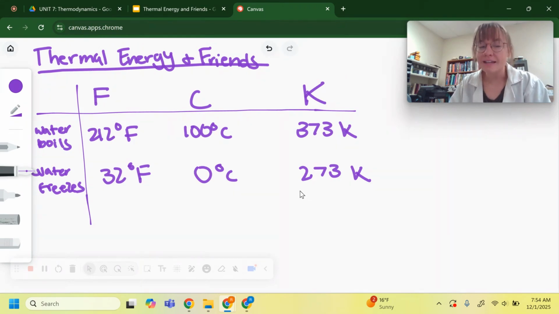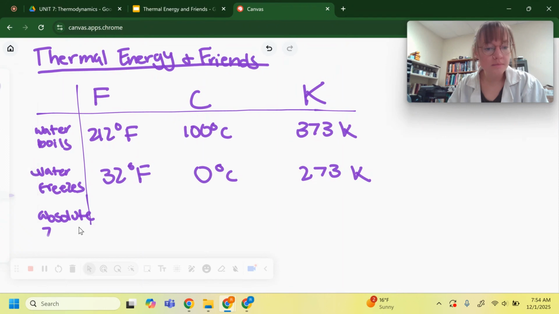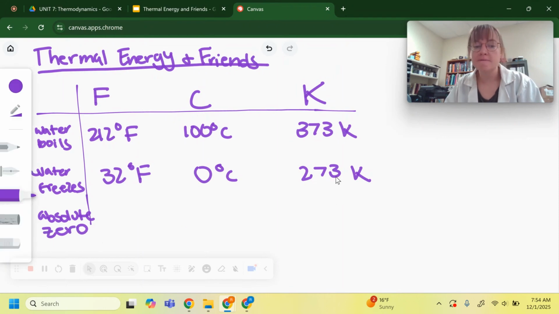For Kelvin, here's the thing. You're looking at these numbers and you say, these numbers are crazy. Well, that's because Kelvin is based off of the coldest thing possible. Kelvin is based off of the 0 point, which we call absolute zero. Here's what Kelvin is based on.